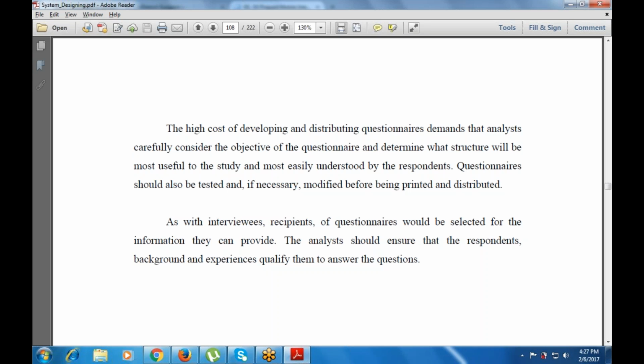As with interviews, recipients of the questionnaire should be selected for the information they provide, and the analyst should ensure that the respondents' background and experiences qualify them to answer the questions.